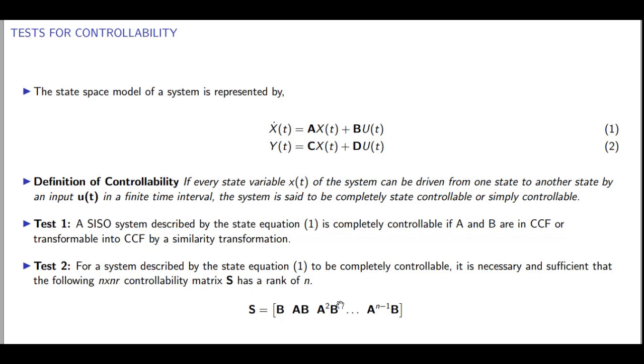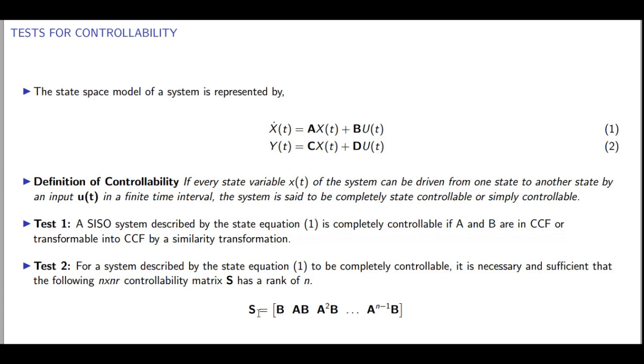So if this matrix has a rank of n, we call it a full rank matrix. For example, if it is a 3 cross 6 matrix, then the maximum rank is going to be 3, and if the rank is 3, then I call this matrix a full rank matrix.